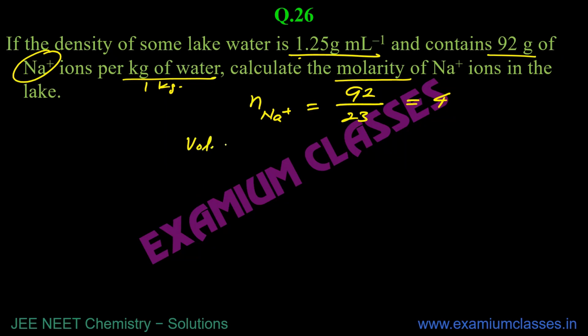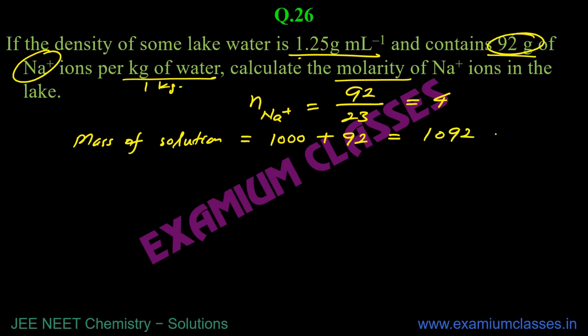And volume of solution. Obviously, I am neglecting the mass of this one. You can add it, but suppose you add. So you will say mass of solution, I'm not doing approximation then, will be 1 kg of water, 1000, plus 92 grams.